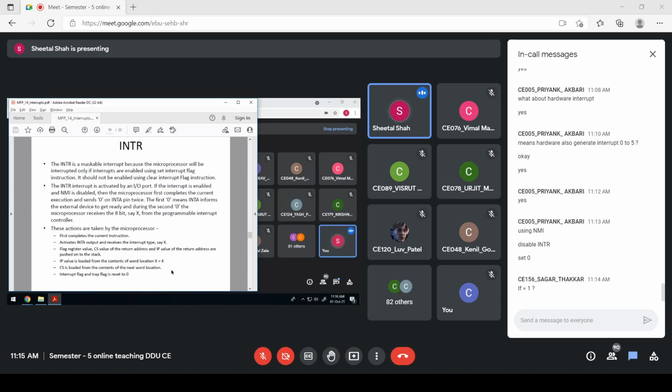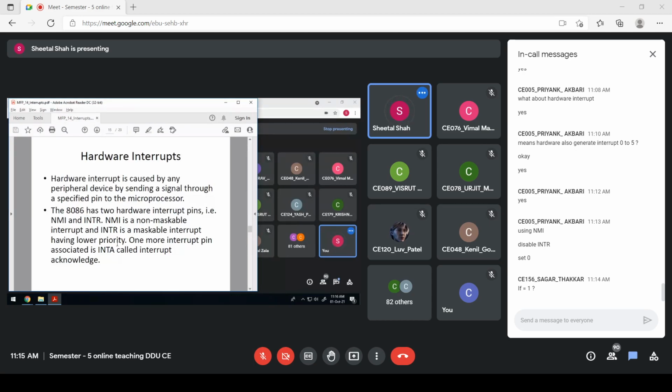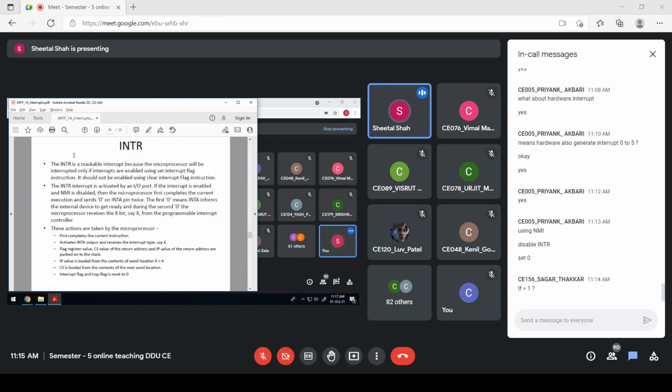The 2 pins meant for a hardware device to send an interrupt are NMI as well as INTR. And one more pin is an acknowledgement pin, that is INTA, the interrupt acknowledgement signal provided by the processor to the IO device. The INTR is a maskable interrupt.